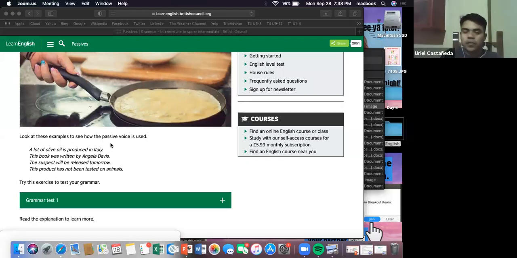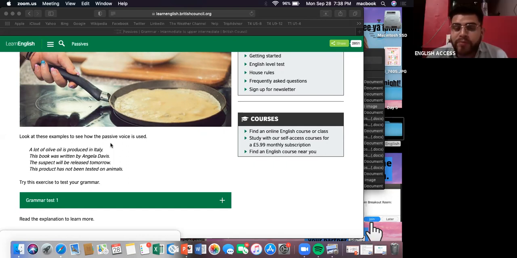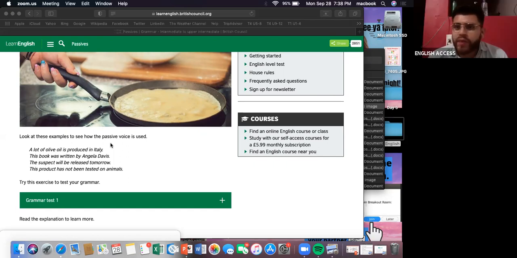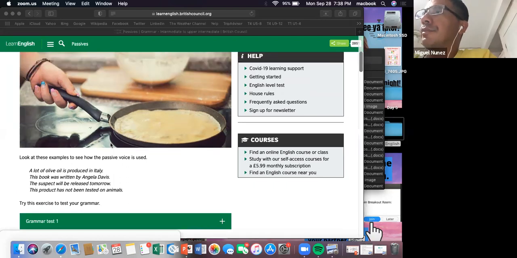To sound formal. Okay, and when do we do that? Like when do we do this in real life? In news, mostly. Yes, and anything that's formal: documentaries, reports.